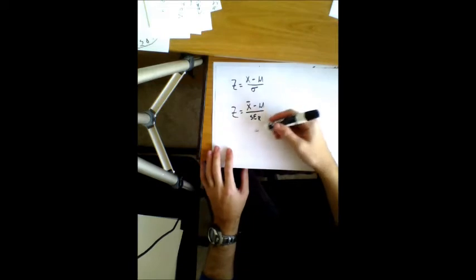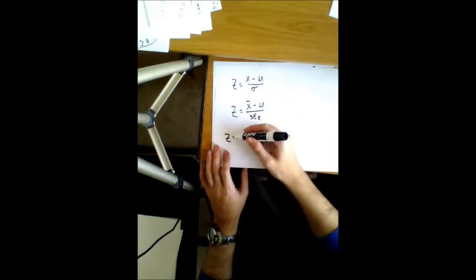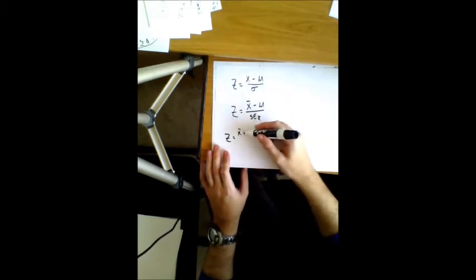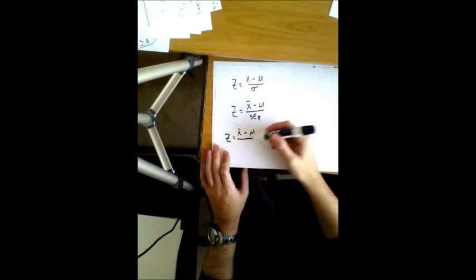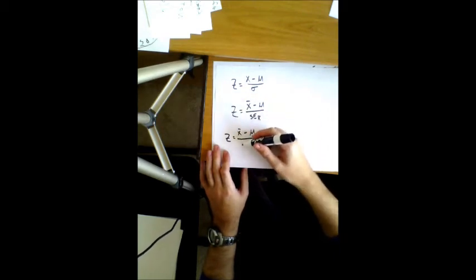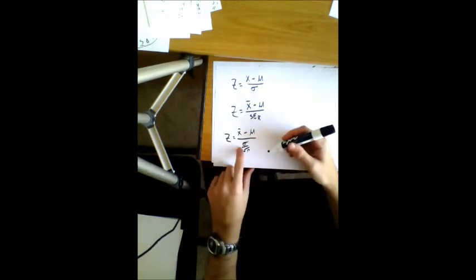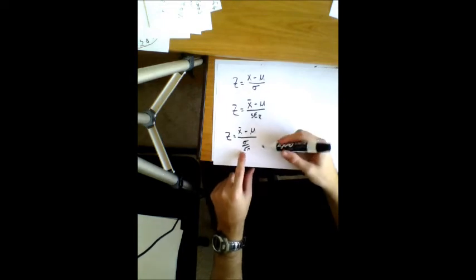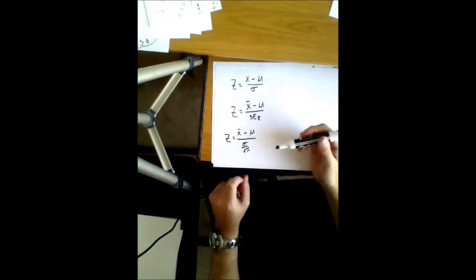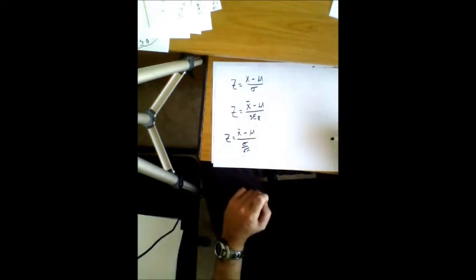So the formula ends up being x bar minus the mean divided by the standard error, which is sigma divided by the square root of n, or s over the square root of n, depending on what you were given.